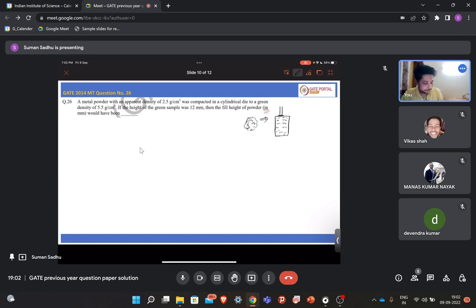So this is the piston. Then what we'll do? We first press or compress it, right? So let's say we have compressed it up to this. Now your powder becomes much more compacted. Earlier it was loosely packed.